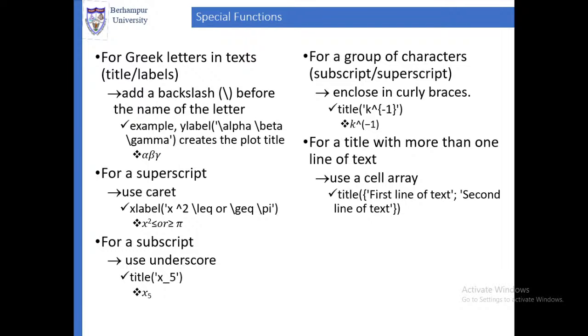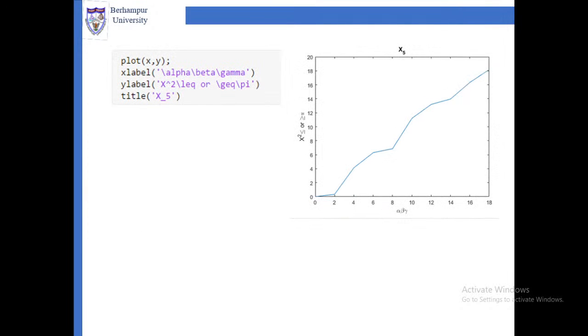Now let us see whether this happens or not in Matlab when you write the program. You can see here we have used alpha, beta, gamma in the x-axis. In the y-axis we have used x square less than or equal to or greater than or equal to pi. So using this command we have got this.